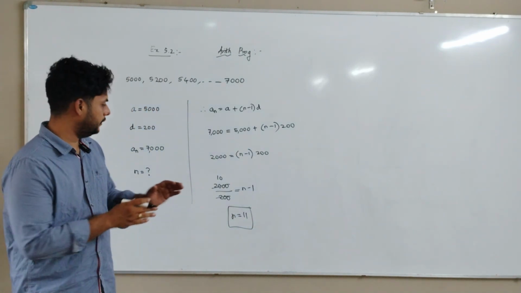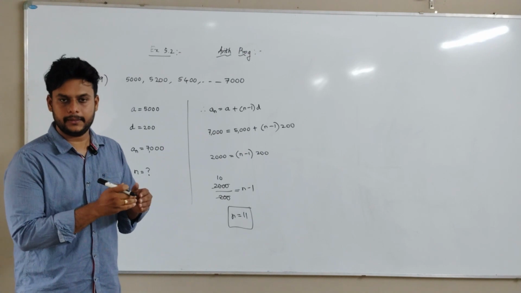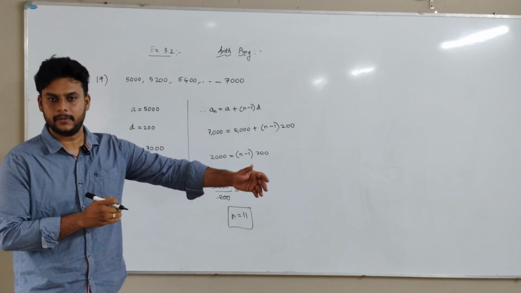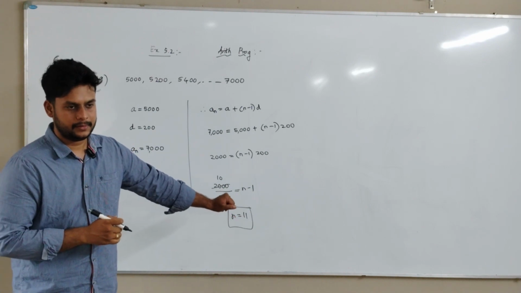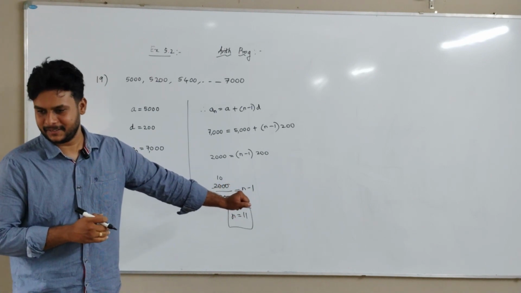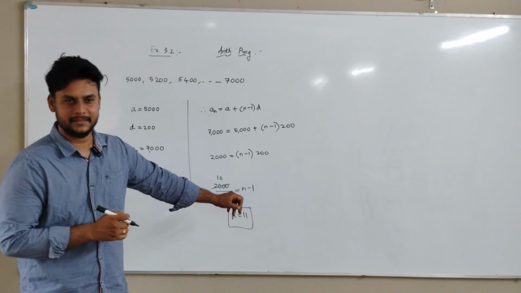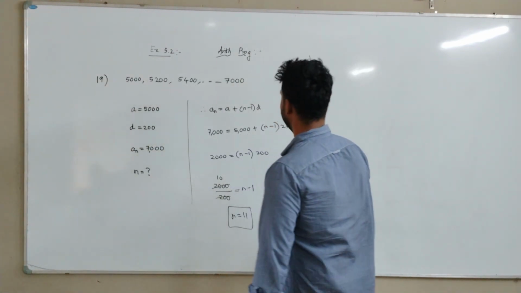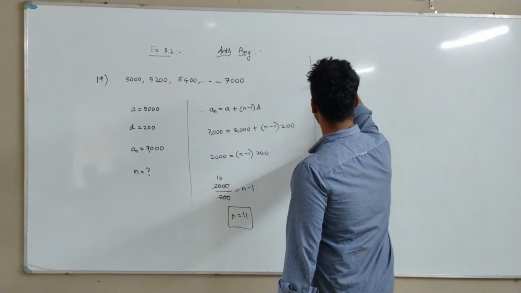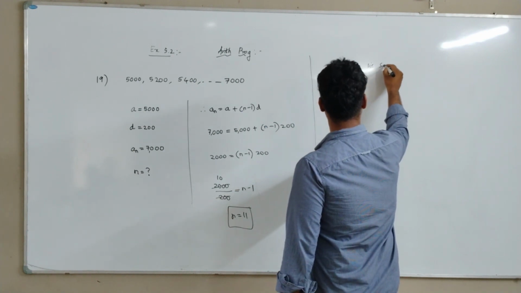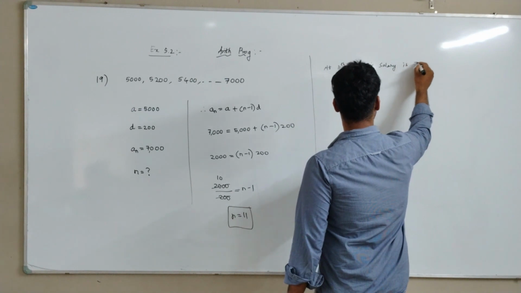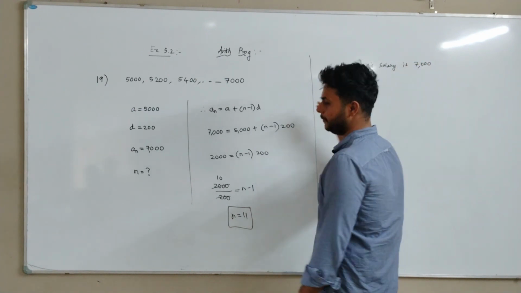So in the first year his salary was 5,000. On the 11th year, his salary was how much? 7,000 rupees. Month or year? Year. Okay. So at the 11th year his salary is 7,000. So 1995 plus 11.